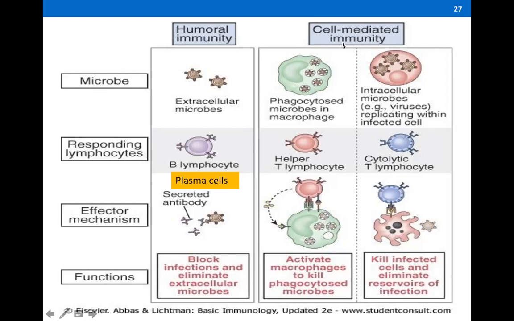Okay? Another differentiating feature would be the responding lymphocytes. In humoral type of immunity, B lymphocytes, specifically the differentiated B lymphocytes known as plasma cells, will be secreting antibodies. And that will be the effector mechanism of your humoral immunity.